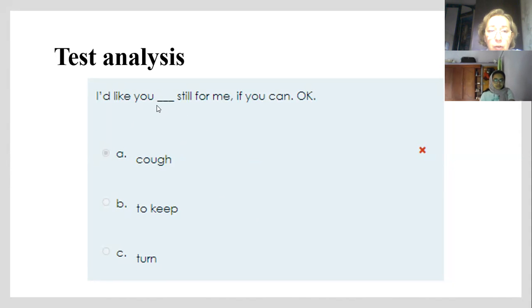But we should pay attention to the structure of the sentence. Here we have a dash, and then we have still. So which word collocates with still? To keep. Keep, yes. That is why we should have chosen to keep. I'd like you to keep still for me. Okay.